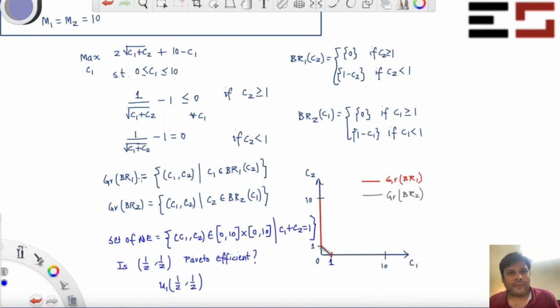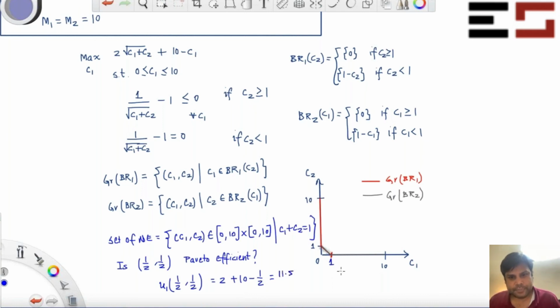So U1 of half half is the Nash equilibrium choice. U1 of half half is 2 times square root of 1, which is 1, so 2 times 1 plus 10 minus half, which is 12 minus half, which is 11.5.